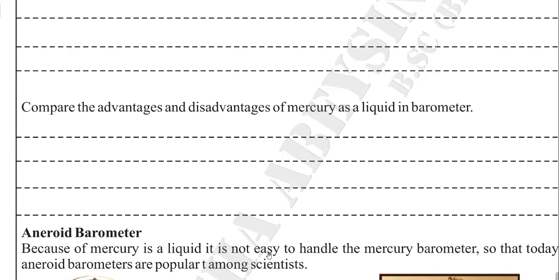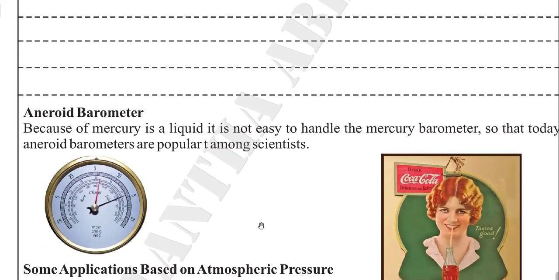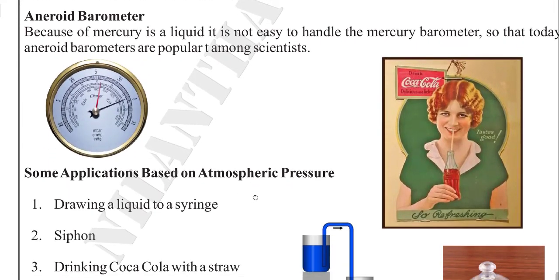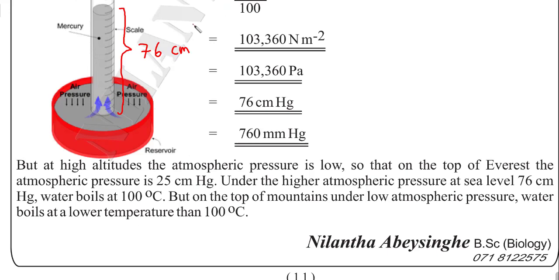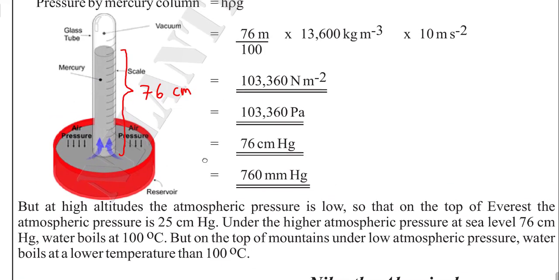And the aneroid barometer. Aneroid barometer means mercury is difficult to use there, children. That's a liquid, children. Some barometers can be taken to different places, but that one is difficult to take from place to place. So we use a scale-like barometer.